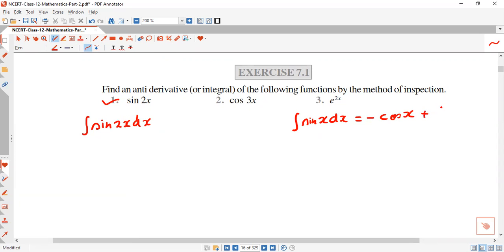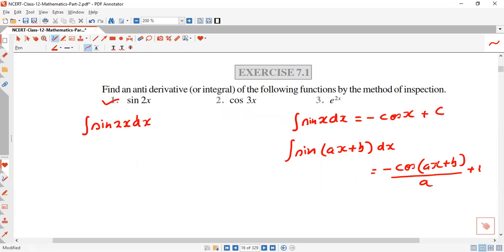plus some constant c. But here it is not x, we have 2x. So the formula is that instead of x we use ax plus b: the integral of sin(ax plus b) dx equals minus cos(ax plus b), where a and b are constants, and it is divided by a, the coefficient of x, plus some constant.